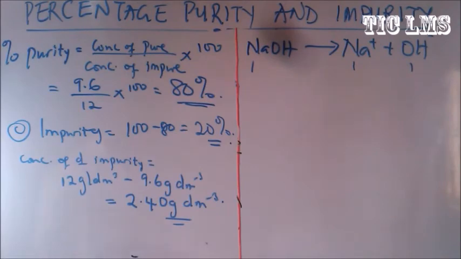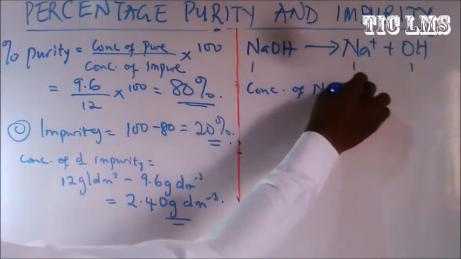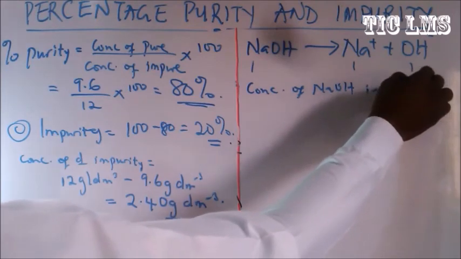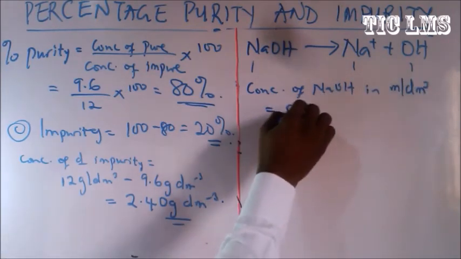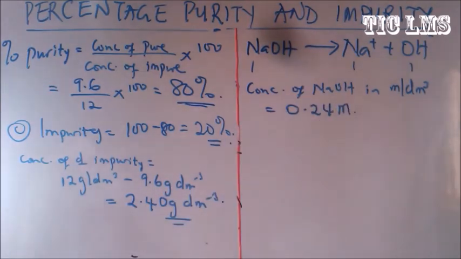And we have derived in this question that the concentration of sodium hydroxide in mole per dm cubed is equal to 0.24 molar, right?